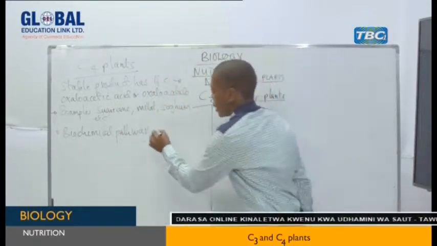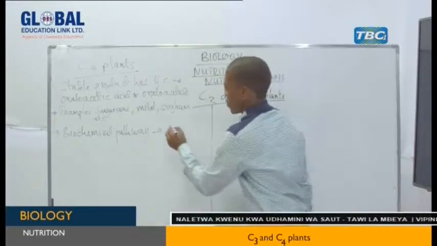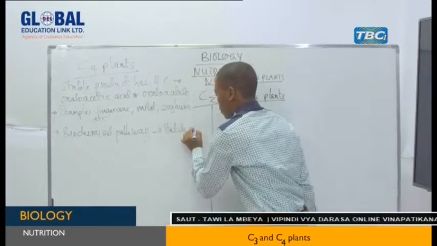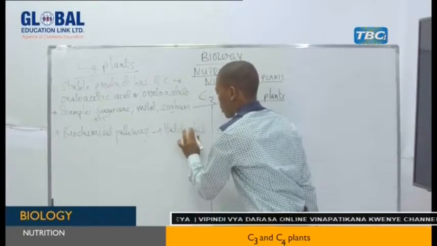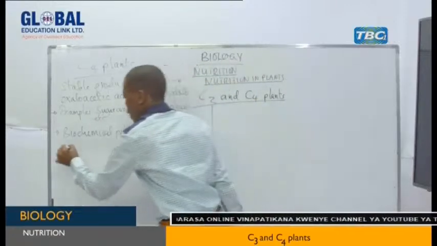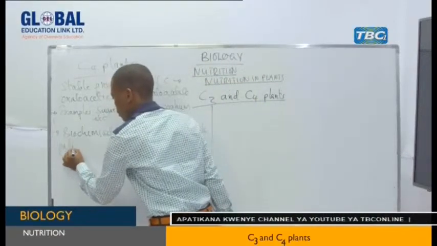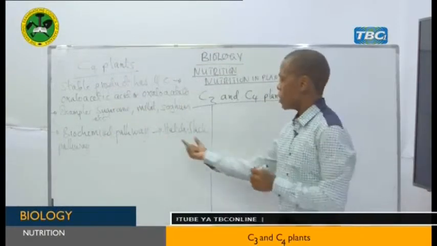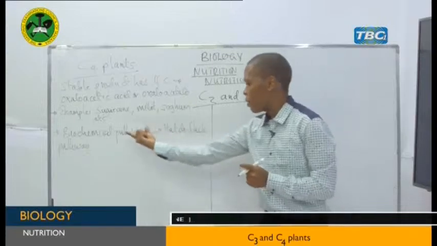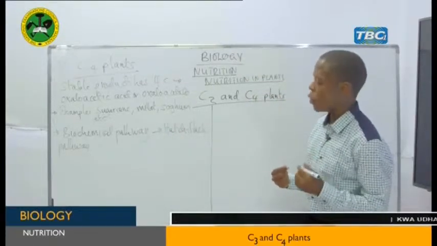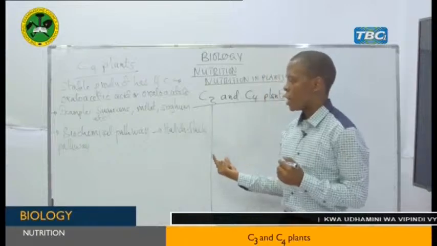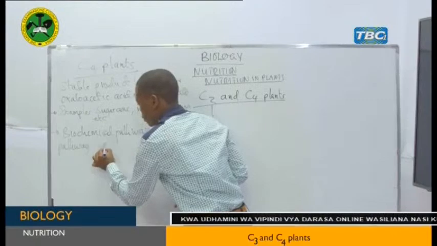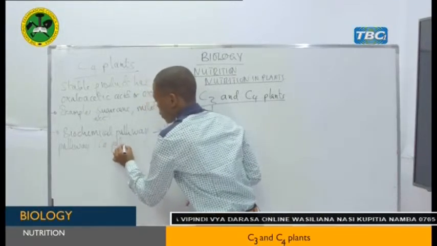The first one we call the Hatch-Slack pathway, and this pathway is named after the 2 scientists who discovered how photosynthesis in C4 plants occurs, Hatch and Slack. Therefore, this Hatch-Slack pathway is also known as the C4 pathway.